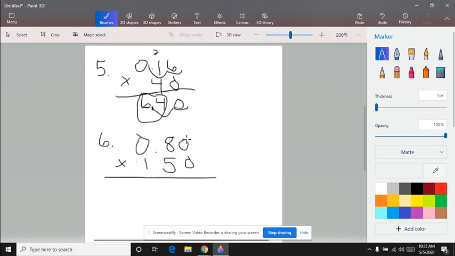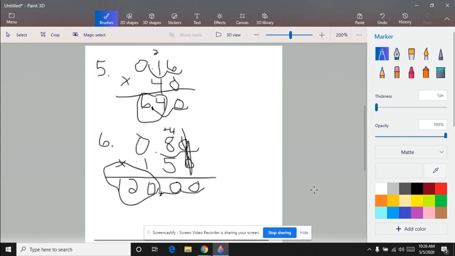I'm going to go ahead and put my 2 zeros in my answer so that I can ignore them the rest of the time, and just cross them out so I know I've already used them. 8 times 5 is 40. Carry the 4. 8 times 1 is 8, plus 4 is 12. Then I just have to look at my decimal place. I have 1, 2 decimal places. So I bring it over 1, 2 decimal places. There's my decimal. My answer is 120.